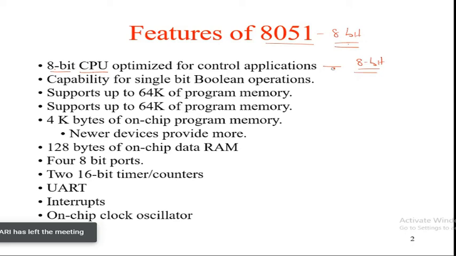So how many digital bits and how much data we can handle is only 8 bits. If you go for the next advanced microcontroller, the 16-bit microcontroller, there we have a 16-bit CPU.